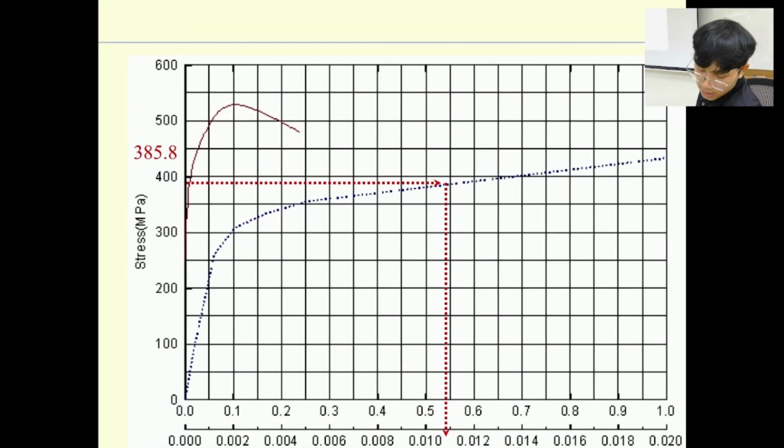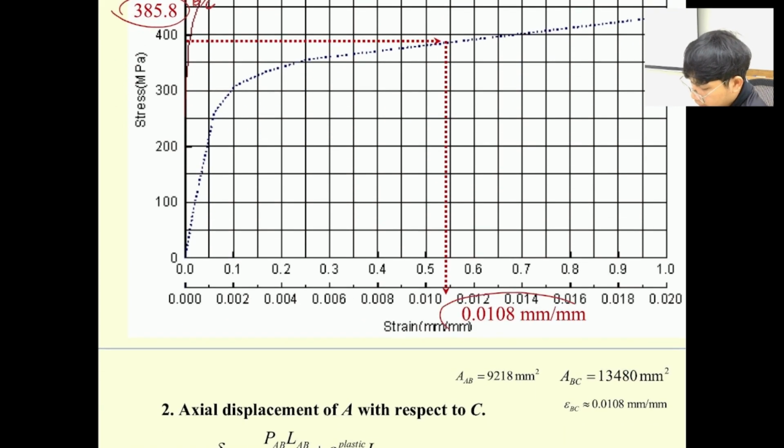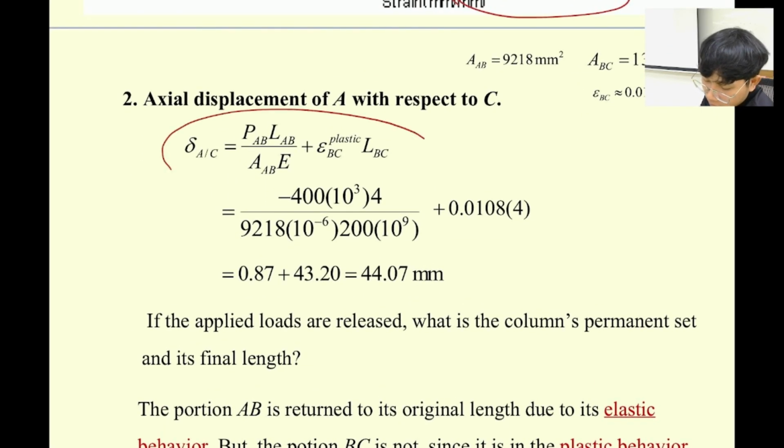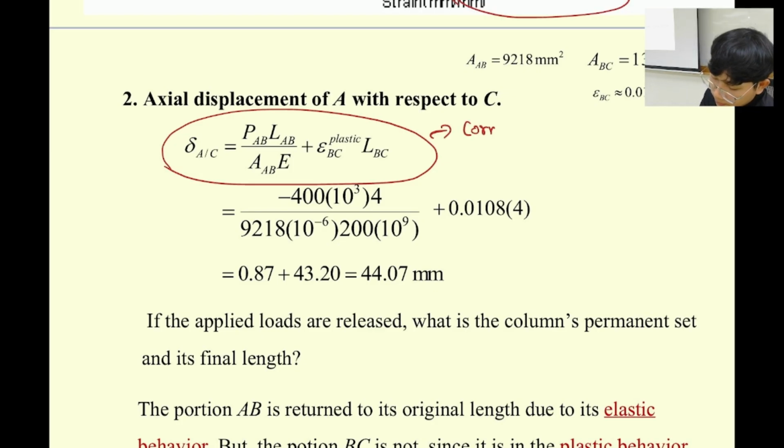All right, now we have the agreement that we're going to use this one from sigma BC, and then we plot it on the stress strain curve. After that, I got the strain from this curve equal to 0.0108 millimeters per millimeter. So the final equation that we can use is going to be this. Okay, this one is the correct equation. This one is elastic and this one is plastic.